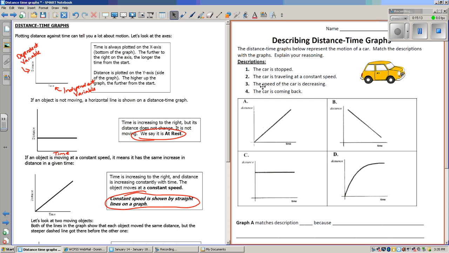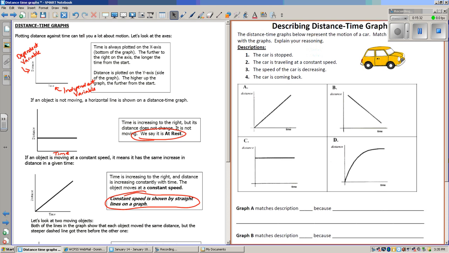All right, so number one says the car is stopped. Which one of these represents the car being stopped? Hopefully you said C. All right, same thing we said in our notes here. When we have a horizontal line, this means that we are at rest. The car is at rest. Let's say it's at the gas station.